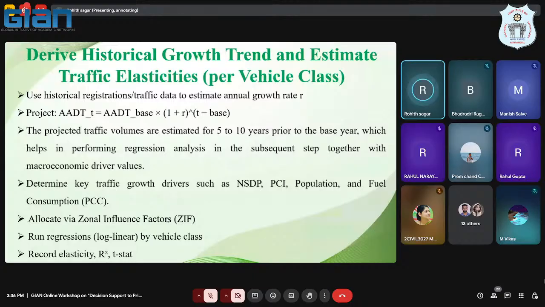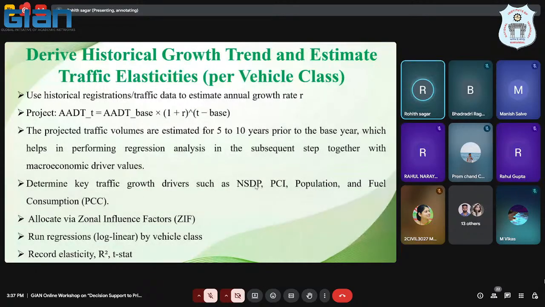So what we have to do here is we need to collect NSDP first. Let us take one macroeconomic driver, that is NSDP. So first we need to collect NSDP data for different years, for different zones, like different states. Then we need to find traffic vehicles that are coming onto the highway from different states, that we can get from video footage data if we conduct a survey, or from toll cameras.